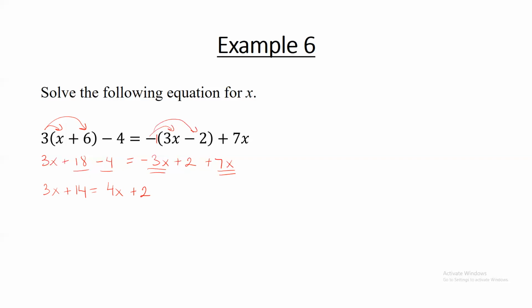Well, now we know what to do. We have x terms on both sides of the equation. We can choose to subtract the 4x or subtract the 3x. In this case, I'm actually going to get rid of the 3x on the left. Again, you could go either way. I'm just choosing here to subtract the 3x instead of the 4x.